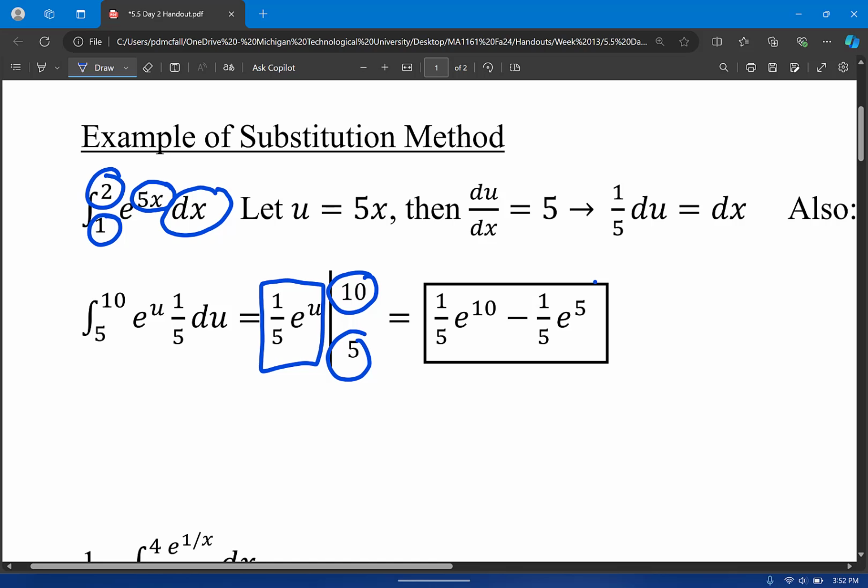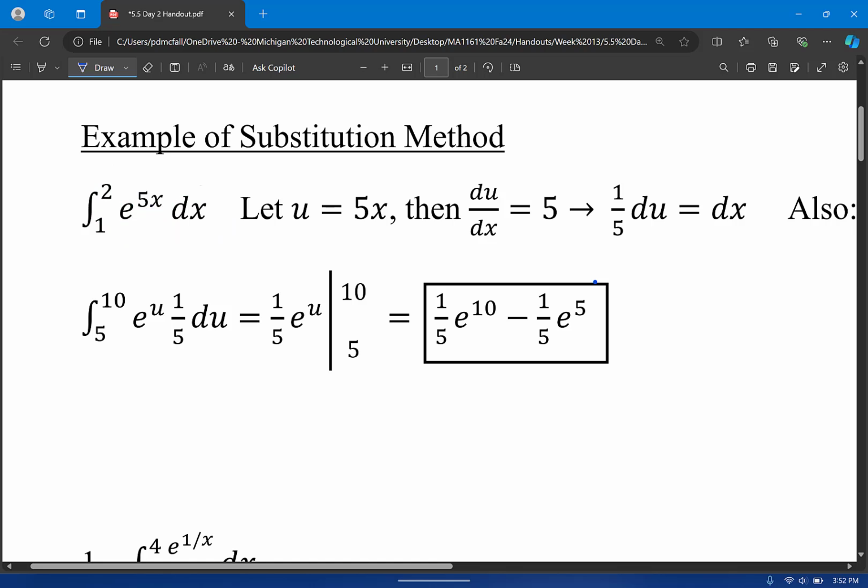But notice we transformed it to finding the area under e to the u times 1/5 from u equals 5 to 10. Right, so we transformed this integral into something that's simpler to calculate, and we'll see how there's more complex problems on this handout where the substitution will be very helpful to do.